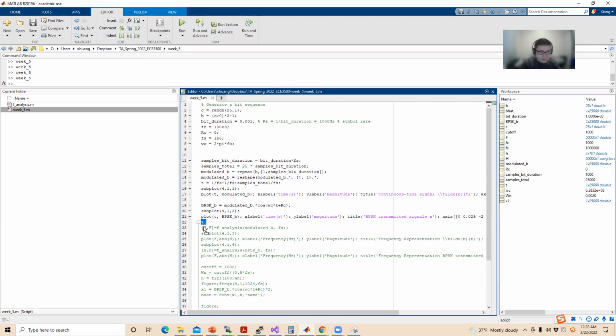And the next thing is to use our previous frequency analysis tool to analyze our baseband signal's frequency representation, and to analyze our transmitted continuous time signal.